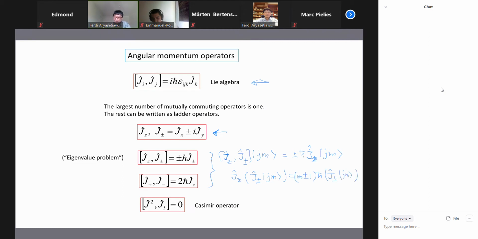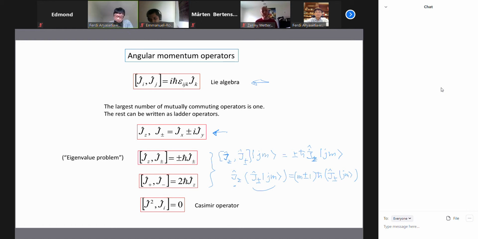So you can see that this state is also an eigenstate of Jz, but with eigenvalue m plus minus 1. So that's why they are called lowering and raising operators.